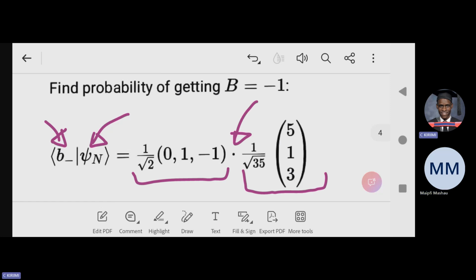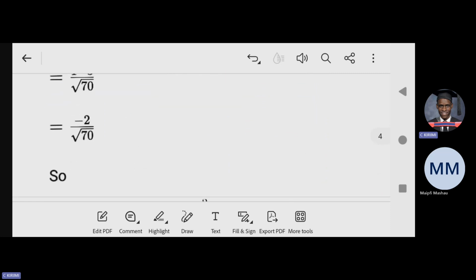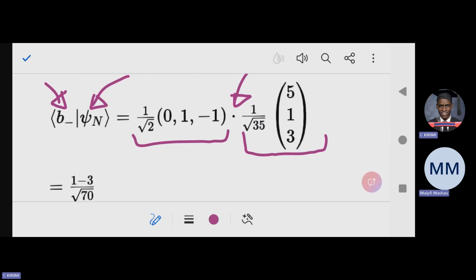The first component multiplied by the second component plus, so it's a dot. That's why our answer is going to be a scalar, a number. Why? Because we are taking the first component. If you take the first one over root of 2 it will give you just 0. So if you want to simplify, yes.